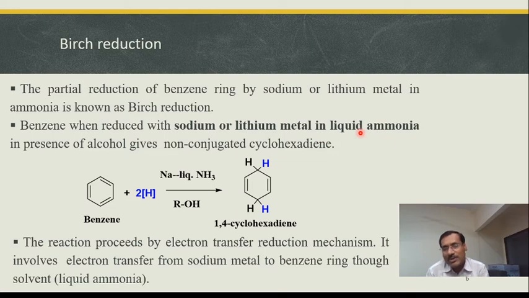So when you add sodium metal to liquid ammonia, meaning ammonia gas which is liquefied under pressure. Because there is one more term which is common in chemistry, which is called liquor ammonia. Liquor is somewhat different from liquid. Liquid refers to when you have condensed the vapors of ammonia into a liquid.